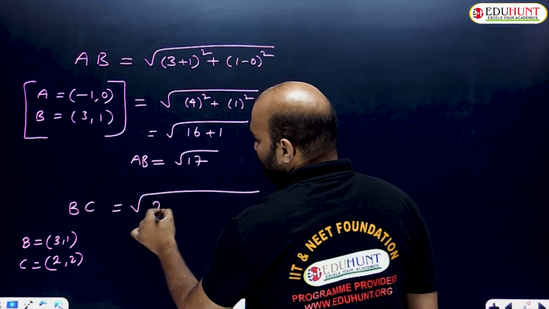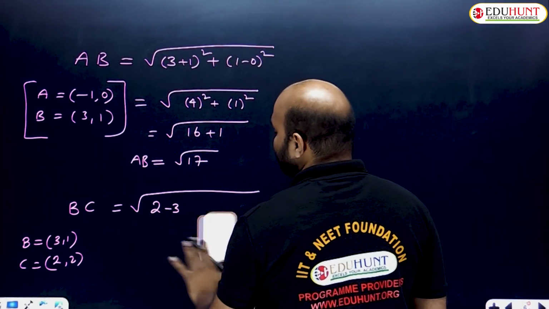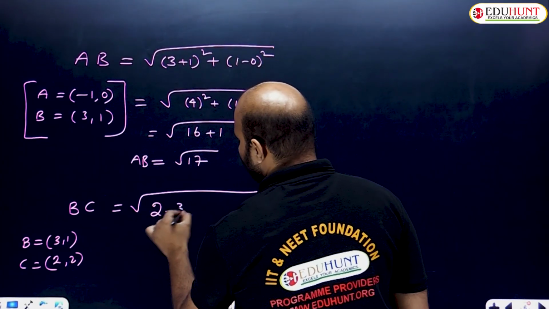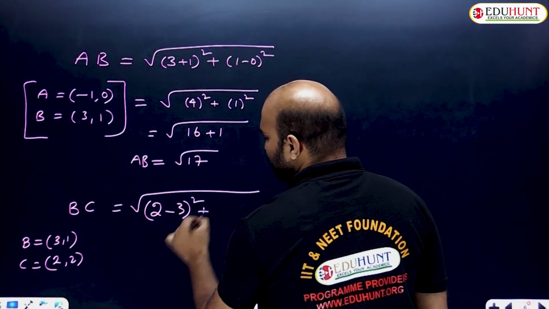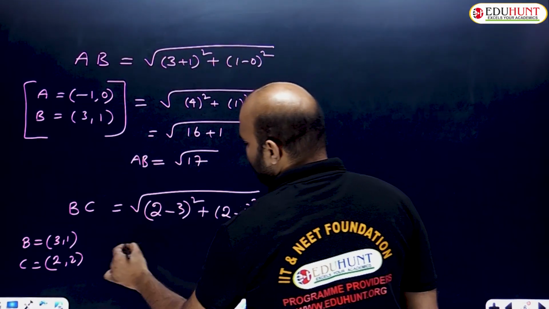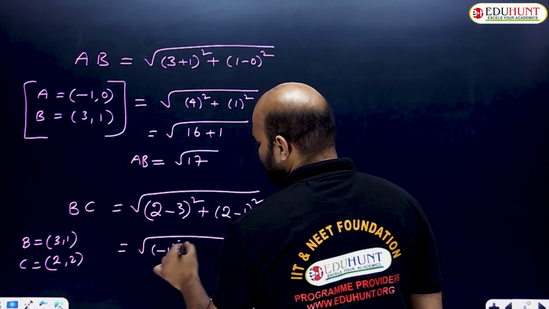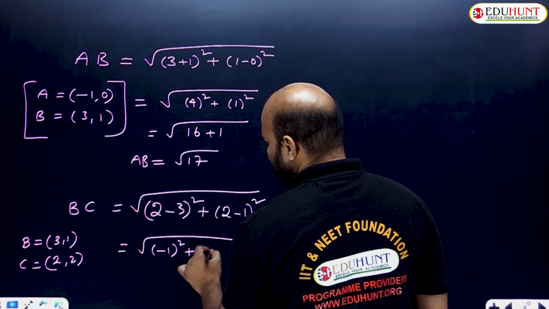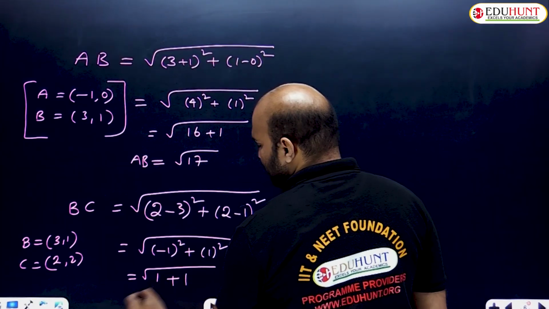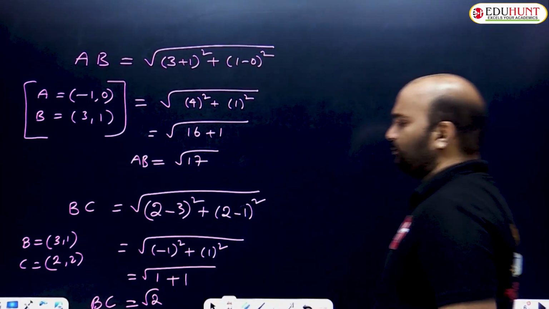So x2 is 2 minus x1 3 whole square plus y2 2 minus y1 1 whole square. It can be written as 2 minus 3, nothing but minus 1 whole square, plus 2 minus 1, nothing but 1 square. So minus 1 whole square gives positive 1. So root 2. That is the BC distance. BC equals root 2.